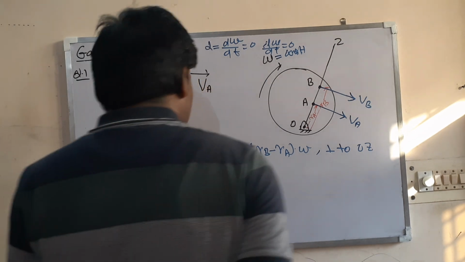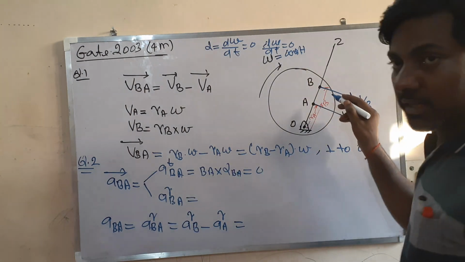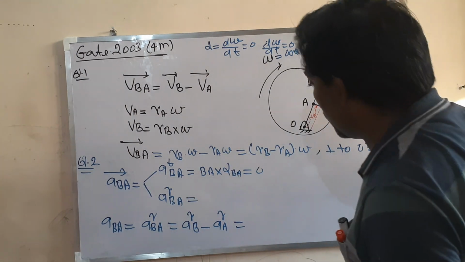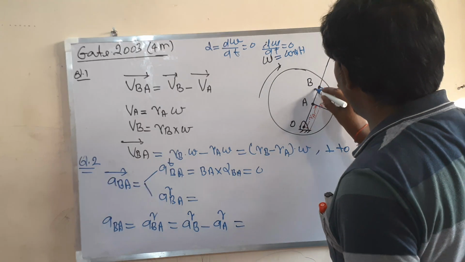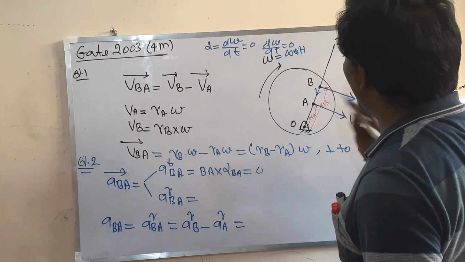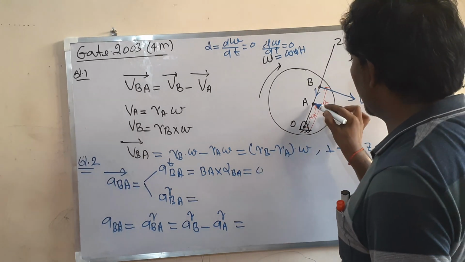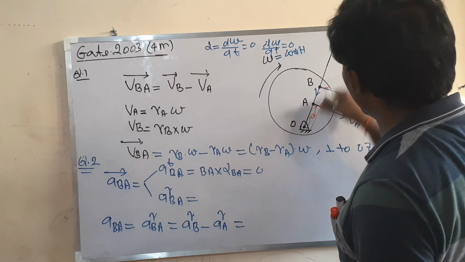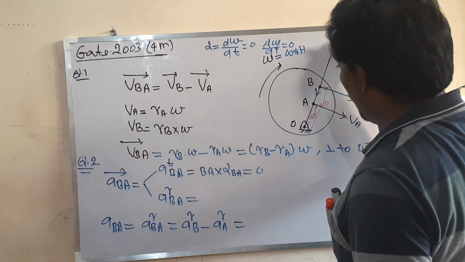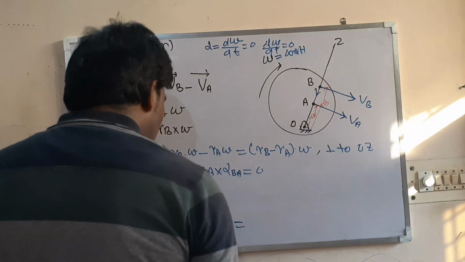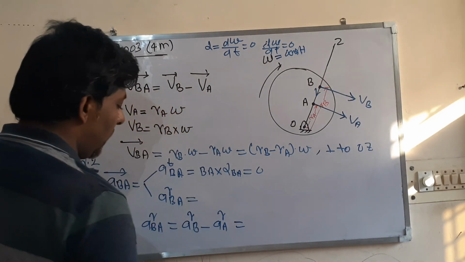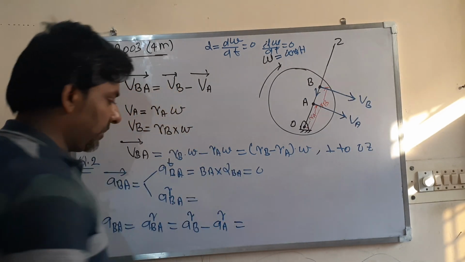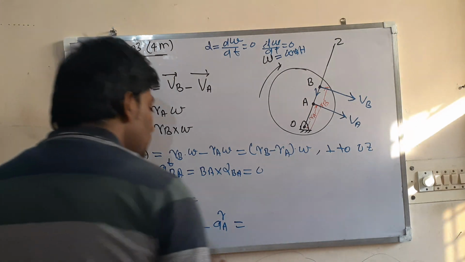You know that radial acceleration is always toward the center. So ARB will be from B to O, and ARA will be from A to O. Both are from Z to O. And how to get the magnitude? Radial acceleration is R omega square.